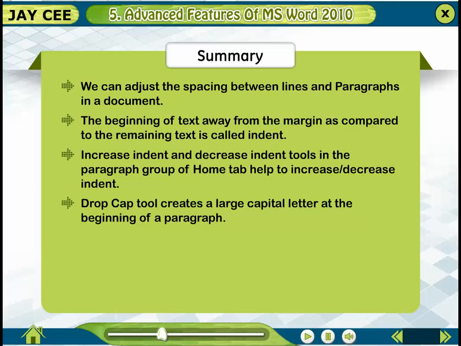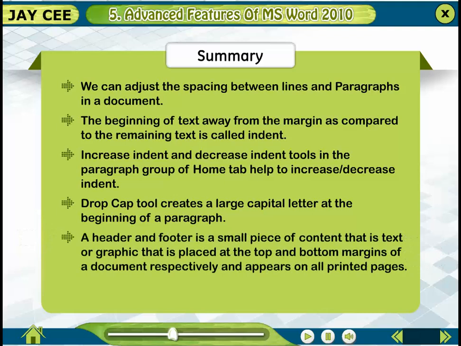Drop cap tool creates a large capital letter at the beginning of a paragraph. A header and footer is a small piece of content that is text or graphic that is placed at the top and bottom margins of a document respectively and appears on all printed pages.